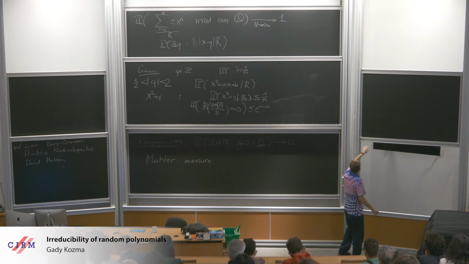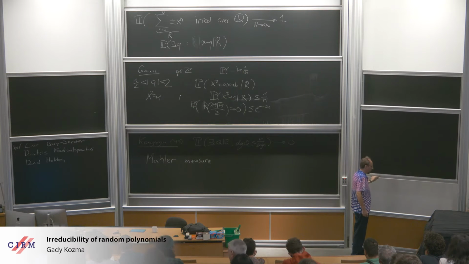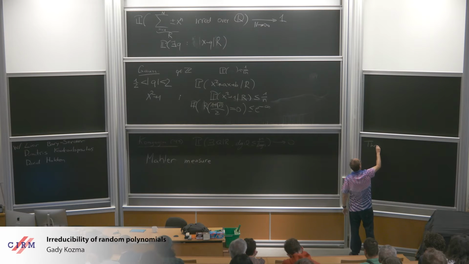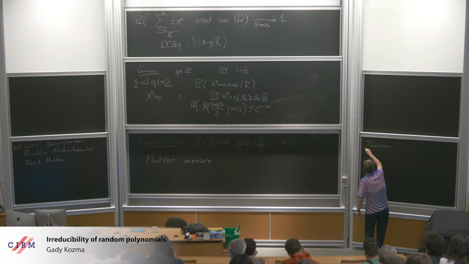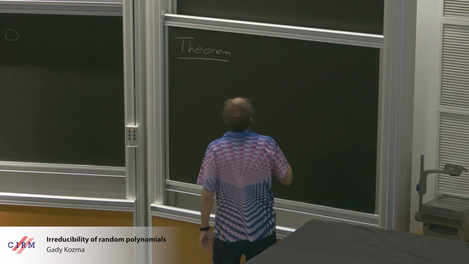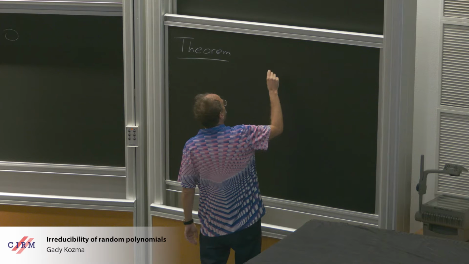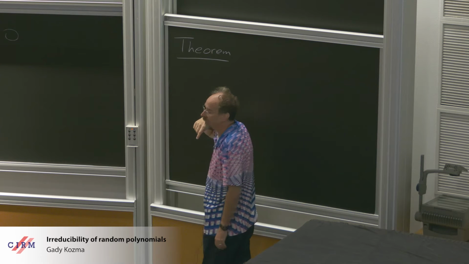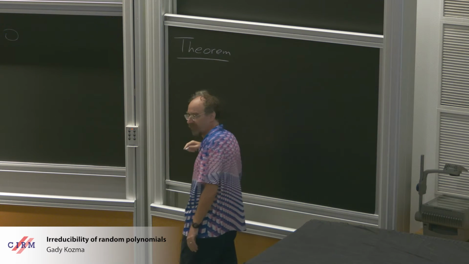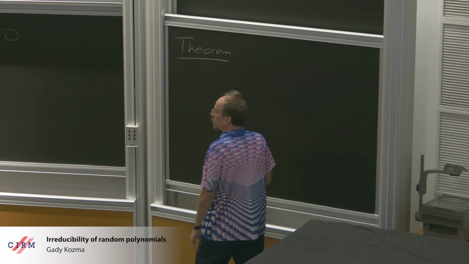So here is the theorem. What Leo and I did was to change the question. Of course, since the question is too difficult, you change it. So how did we change it?